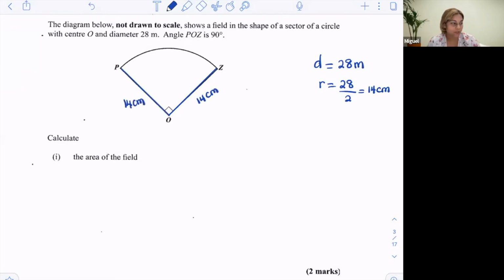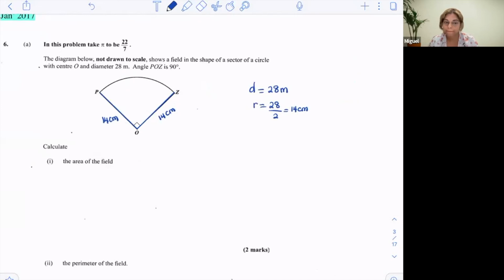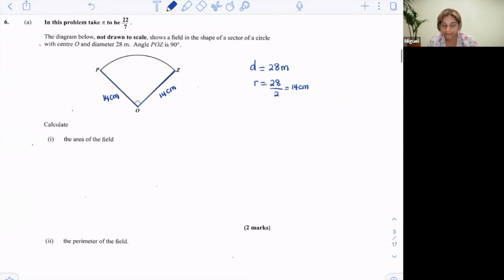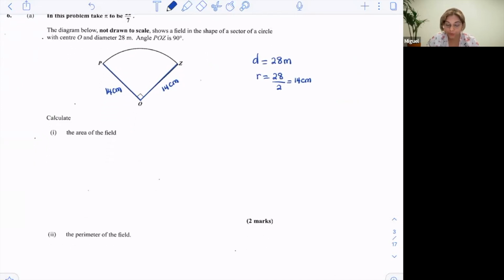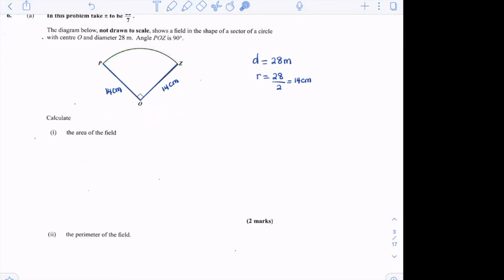Which length do we have to work out? Do you know the length PZ? No, miss. So PZ is part of the perimeter.